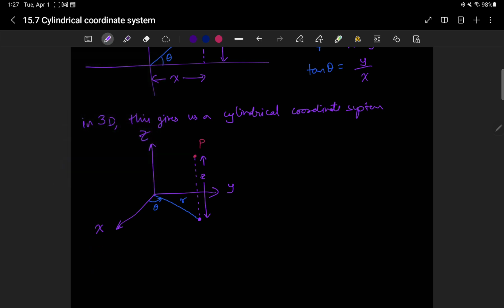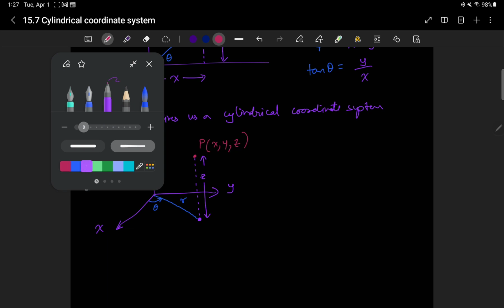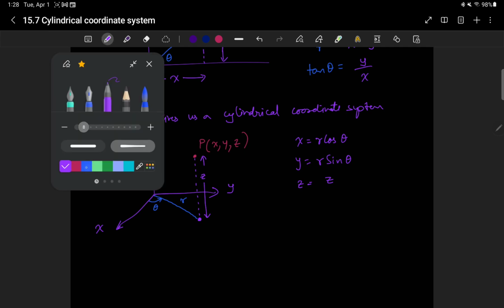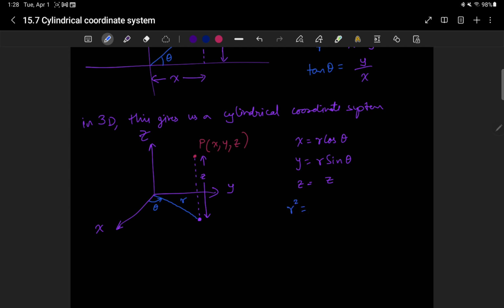If we started off with this point P, x, y, z, then x is r cosine theta, just like polar coordinates, y is r sine theta, and z just equals z. On the flip side, we have r squared is x squared plus y squared, tan theta is y over x, and z equals z.